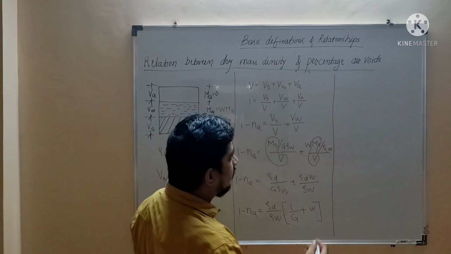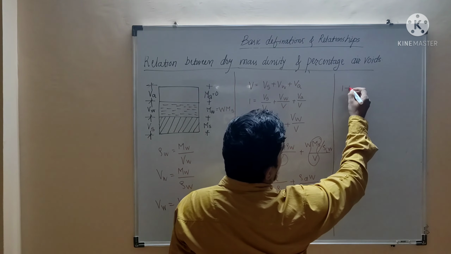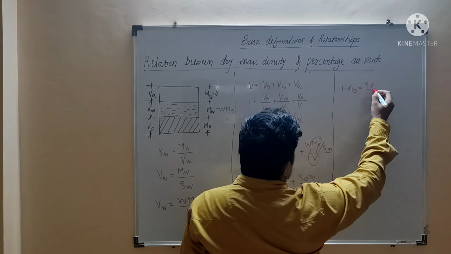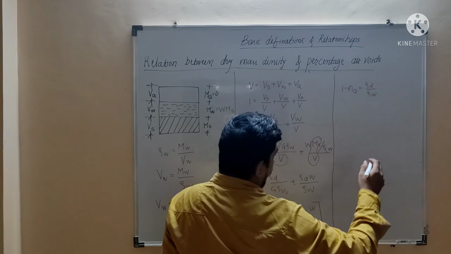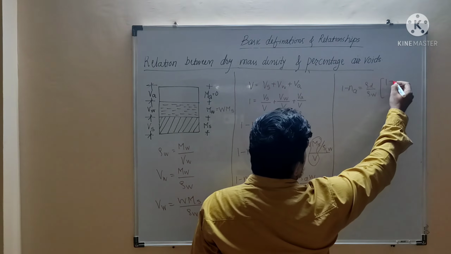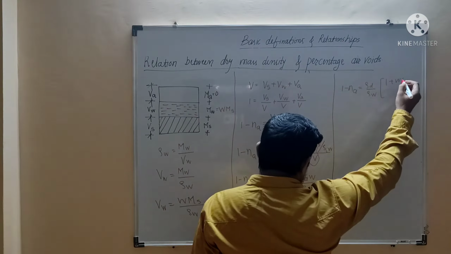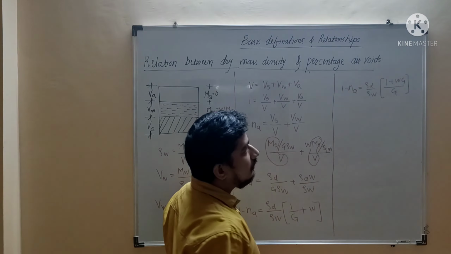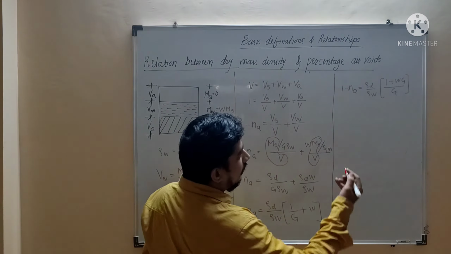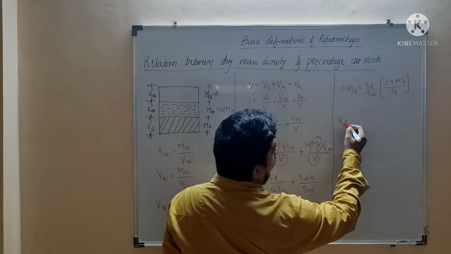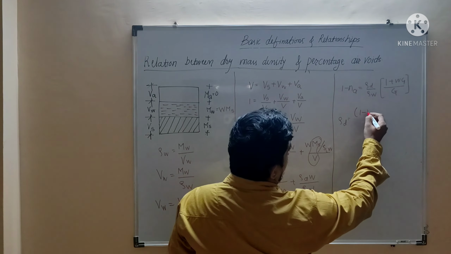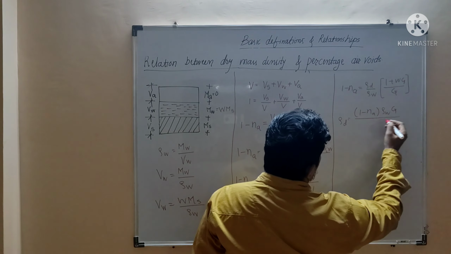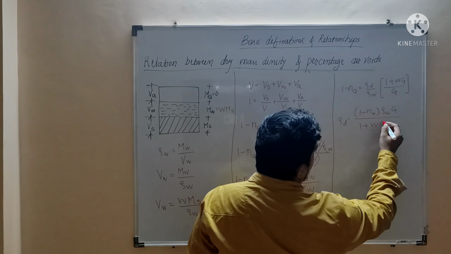Again, if we want to simplify this, then 1 minus Na equals rho d by rho w into (1 plus wG) by G. So if we want to find out rho d, then it is simply (1 minus Na) into rho w into G divided by 1 plus wG.